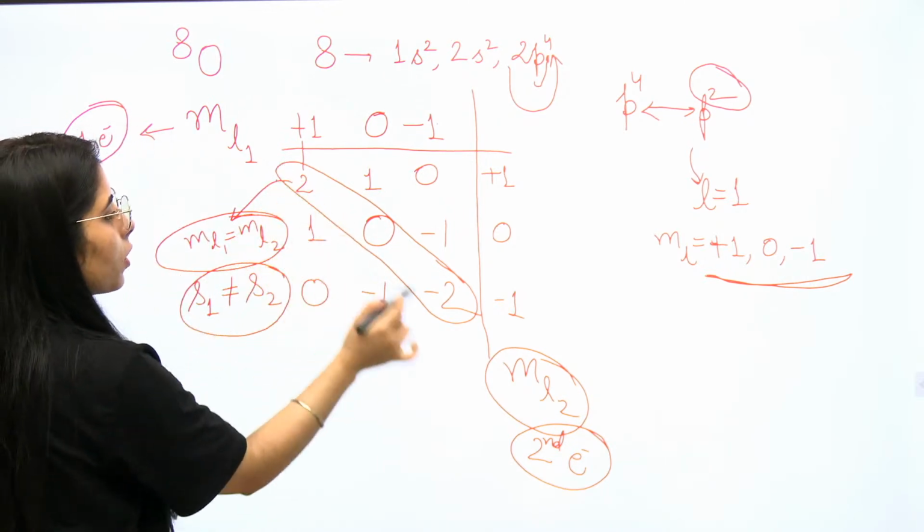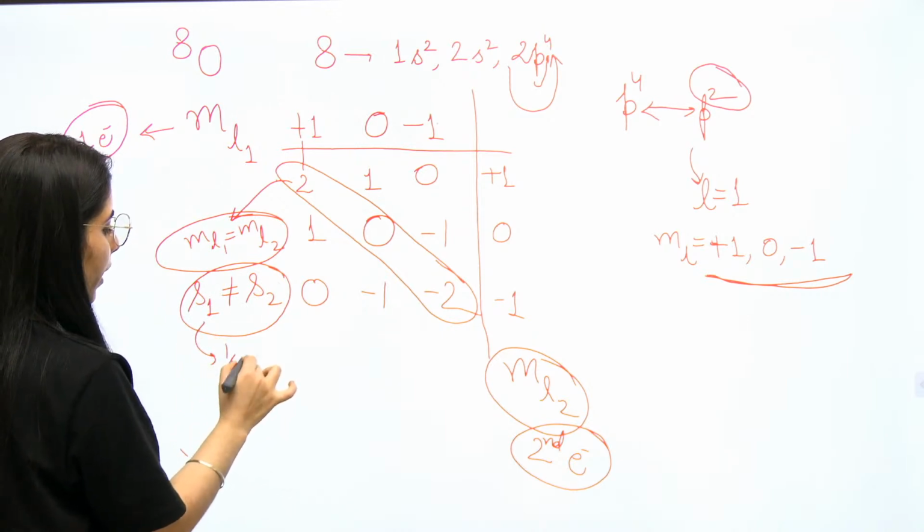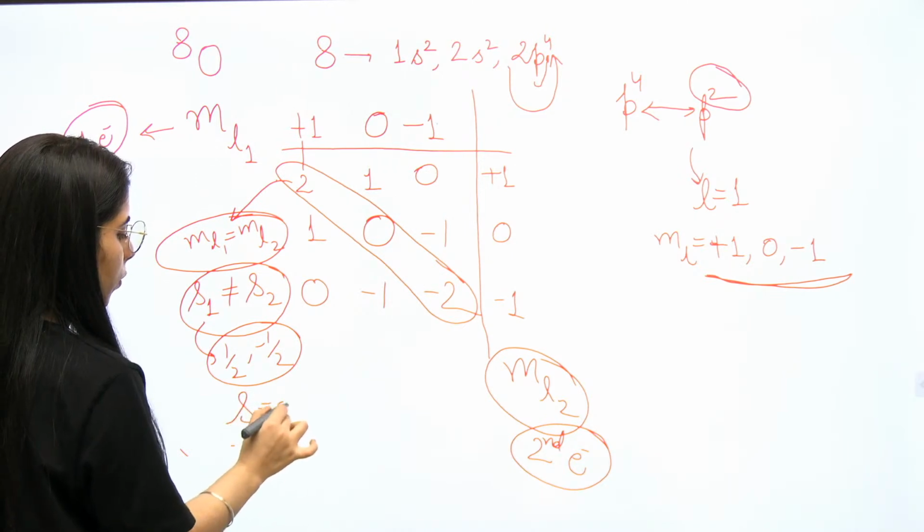Ml1 and Ml2 are same for the principal diagonal values, so spin will be different. When spin is different, one half you will take, another -one half you will take, and the total or net spin will be 0.